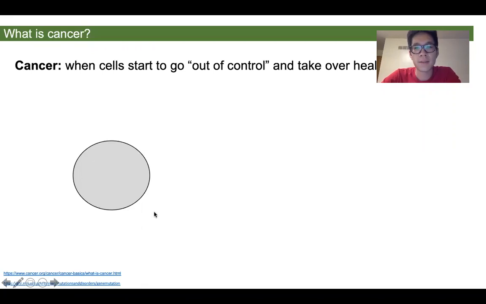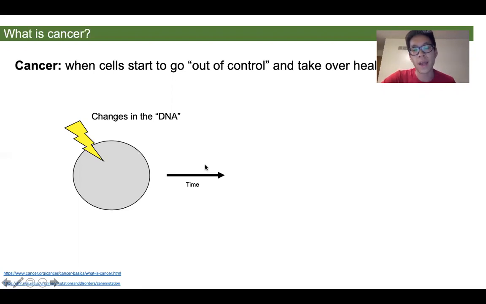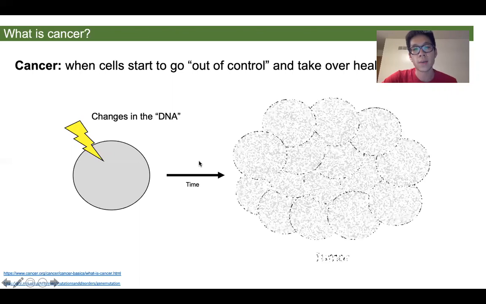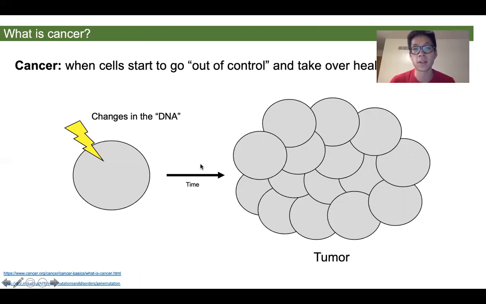What happens in cancer is that there's a change in the DNA of this gray cell, for better or worse. Over time, with this change in the cell, you're going to start to grow a tumor.